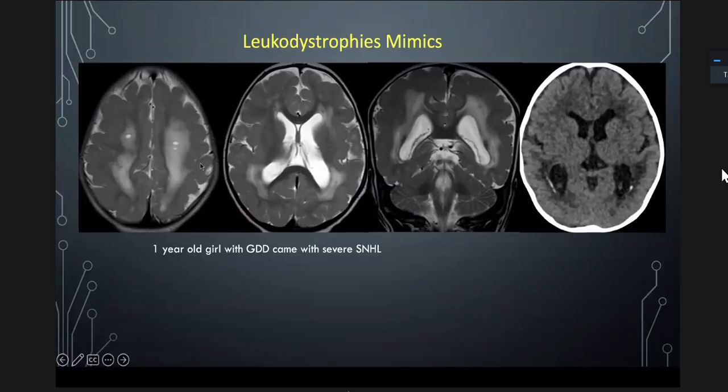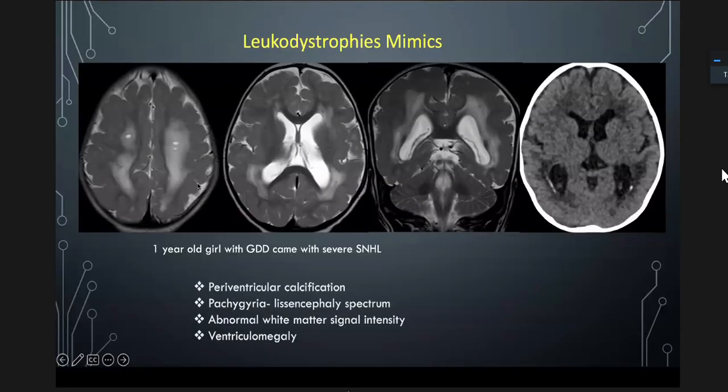So there is kind of a pachygyria spectrum, listen carefully, decreased amount of sulcation, and we also did a CT scan and we saw these small punctate calcifications along the periventricular white matter. So this turned out to be congenital CMV infection, and these children will have sensorineural hearing loss also.